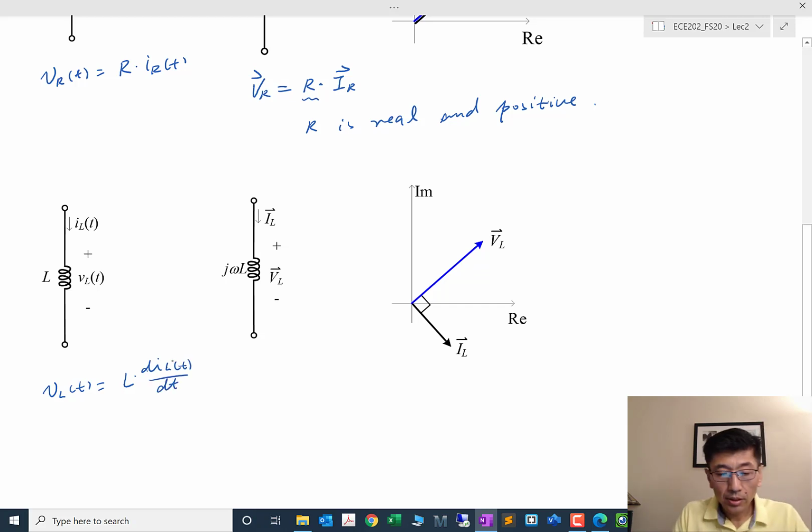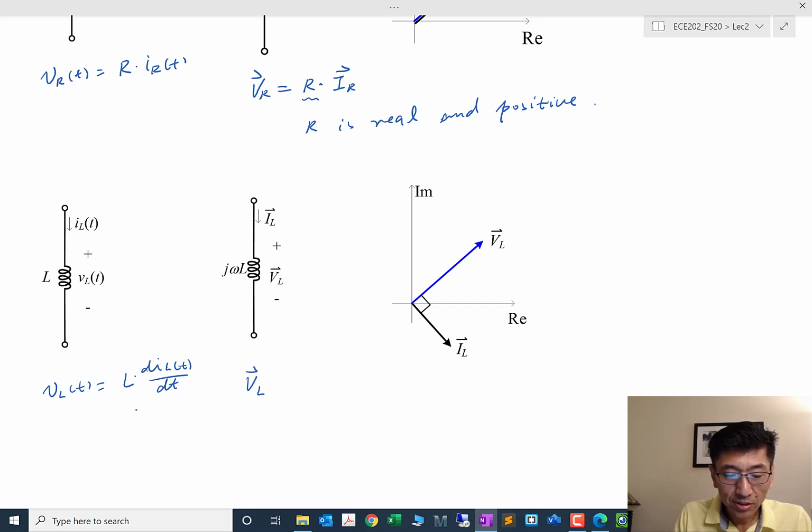Right. So in this case, if we change this to phasor, the first one on the left-hand side will become V sub L, which is the phasor of v sub L of t. And on the right-hand side, we are calling the property of the phasor of a derivative of a sinusoidal signal.